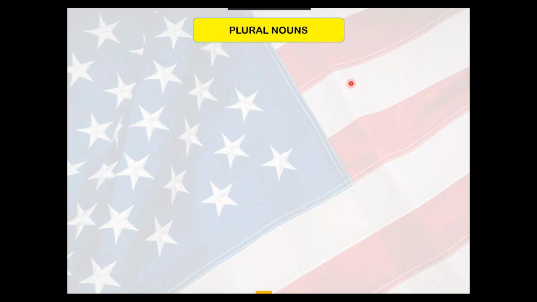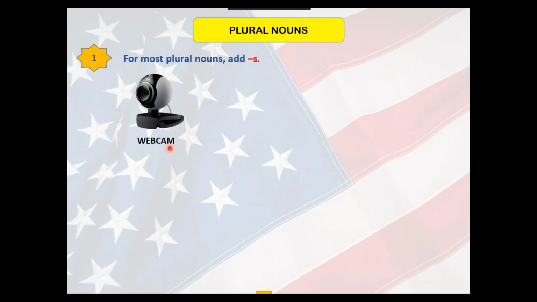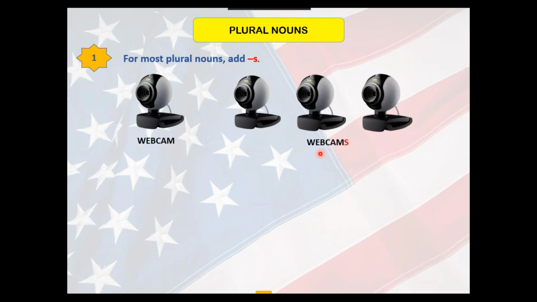The plural nouns. What is the spelling? For example, number 1, for most plural nouns, we have to add s at the end of the noun. For example, webcam, only one, we add s, webcams.